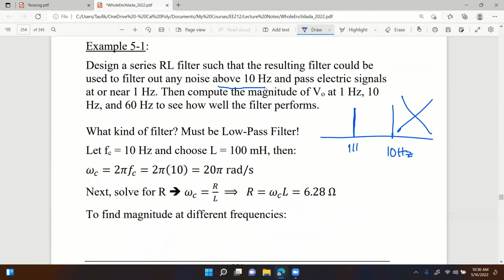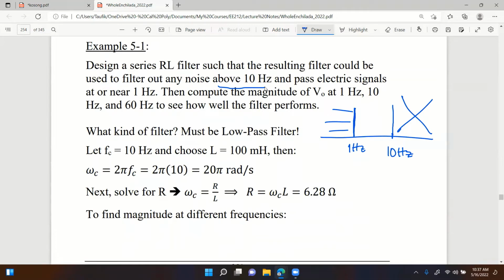So you want to pass these signals as well as below. What kind of filter would that be? That would be a low pass filter.